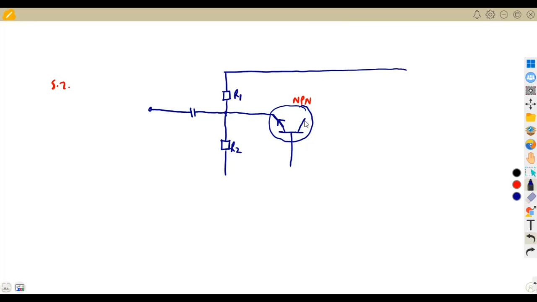Then here again we are going to the output, passing through RC from our VCC to the collector. Then we've got the output capacitor, and in this case our plus VCC.